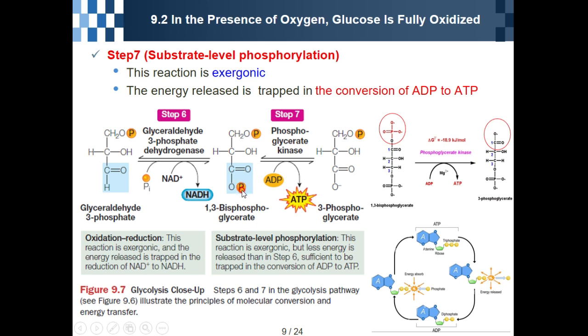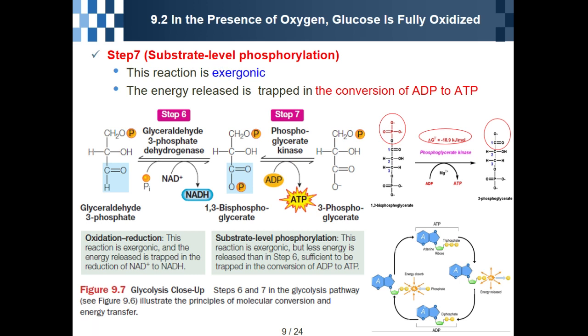During that time, 18.9 kilojoules of energy is released. This energy is trapped in the conversion of ADP to ATP. We call this step substrate level phosphorylation.